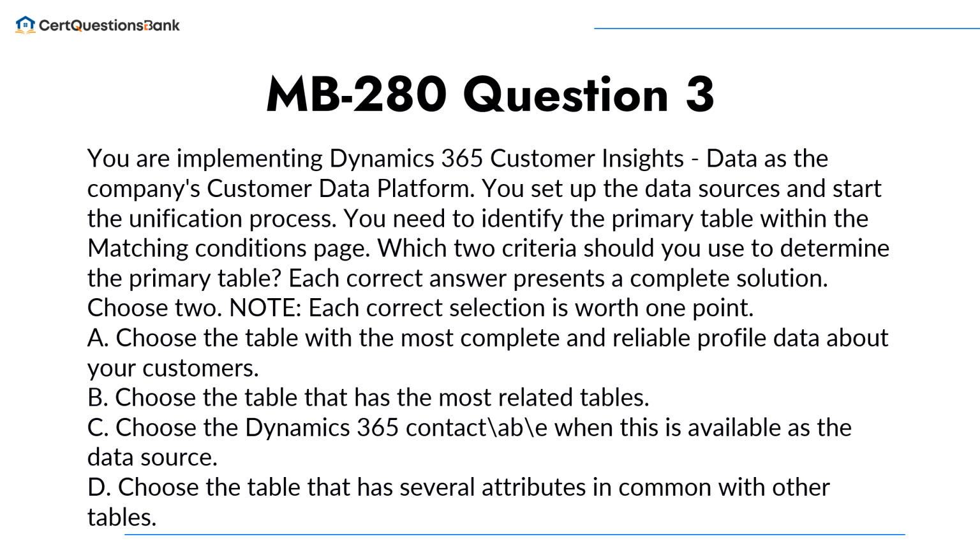You are implementing Dynamics 365 Customer Insights data as the company's customer data platform. You set up the data sources and start the unification process. You need to identify the primary table within the Matching Conditions page. Which two criteria should you use to determine the primary table? Each correct answer presents a complete solution. Choose 2.